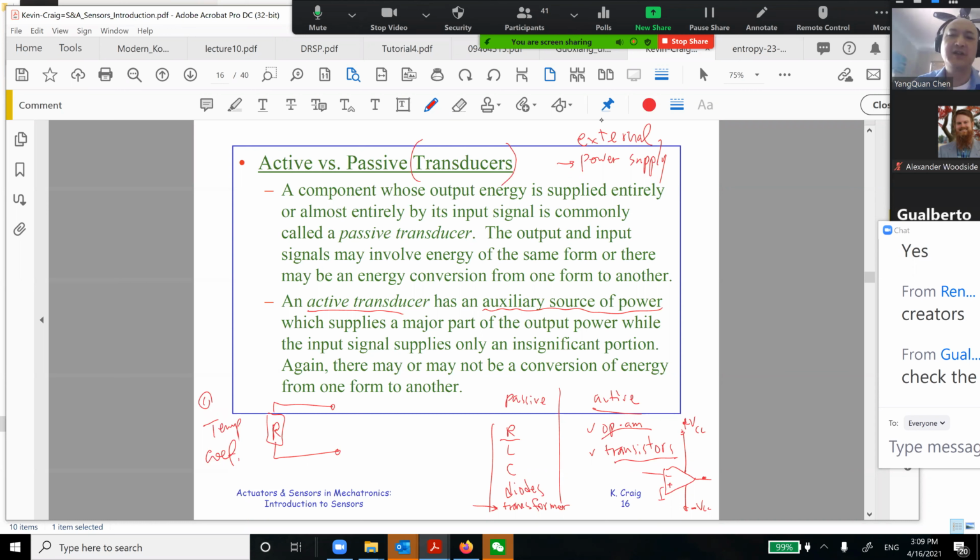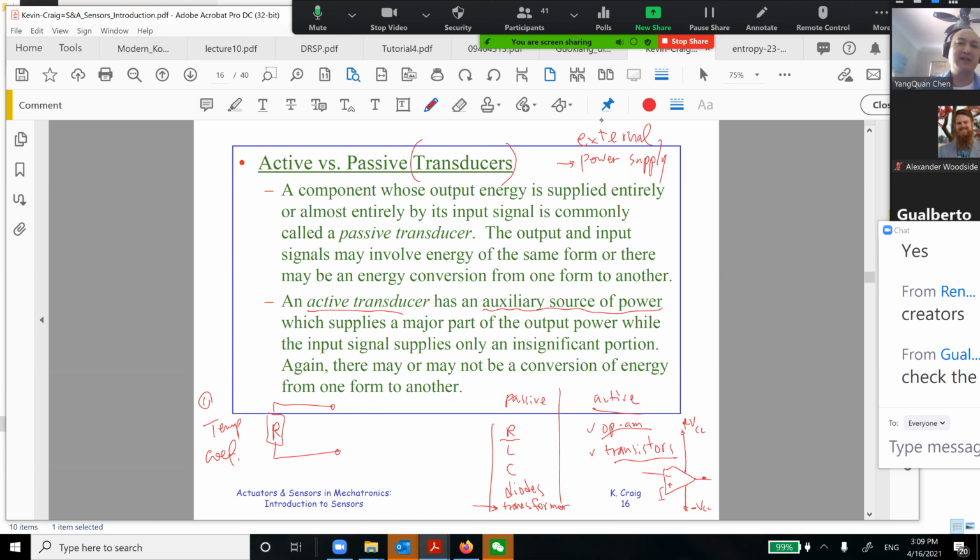Sometimes it's light sensitive, or sometimes it's pressure. You have those load cells.